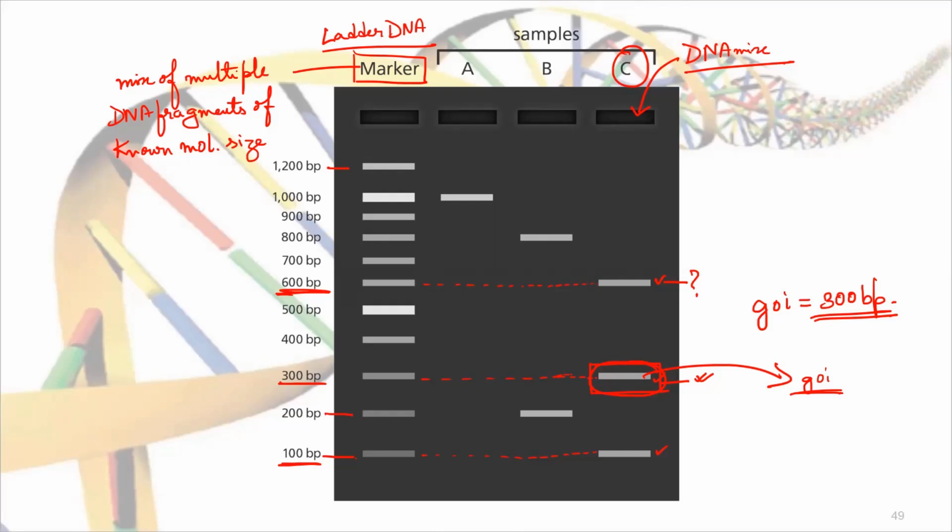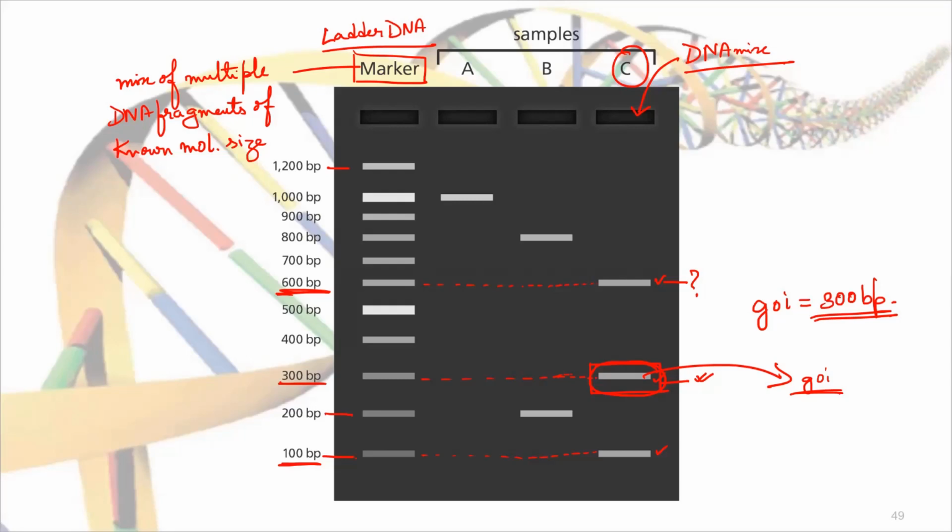There are techniques by which you can identify not only the number of base pairs, but also which bases are present. There are sequencing techniques. You will learn about some of them here. Sequencing techniques mean identifying the sequence of nucleotides.